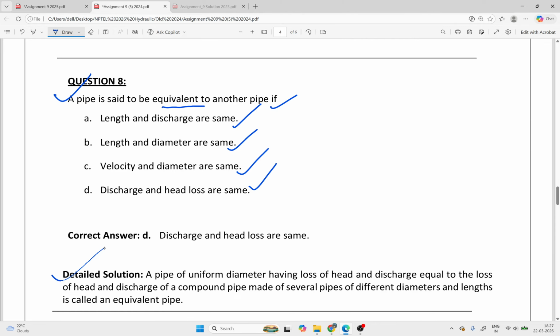So the detailed solution is: a pipe of uniform diameter having loss of head and discharge equal to the loss of head and discharge of a compound pipe made by several pipes of different diameter, as we have solved previously, from a bigger one to a smaller pipe.